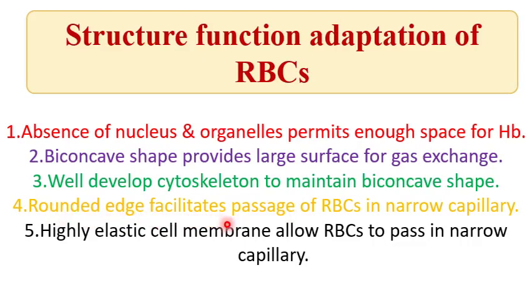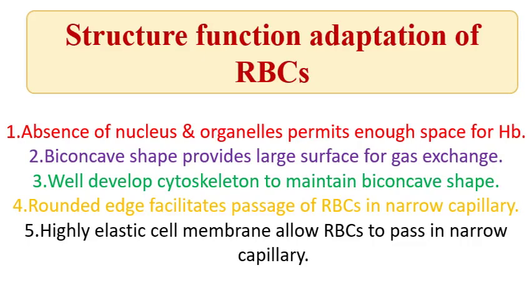Okay, the last one, the highly elastic cell membrane allows RBCs to pass in narrow capillaries, as we said. Okay, so again, how the RBC structure is adapted to make its function normally is called structure function adaptation.